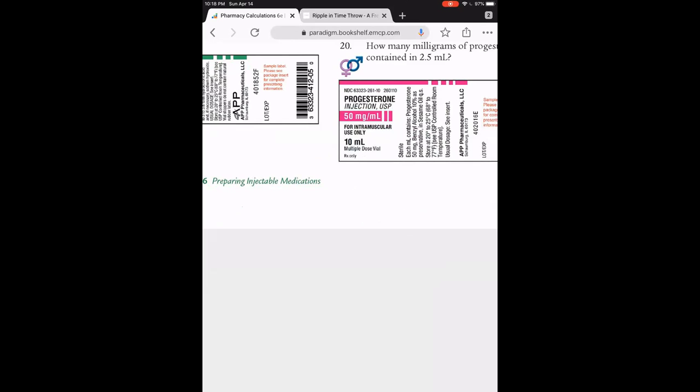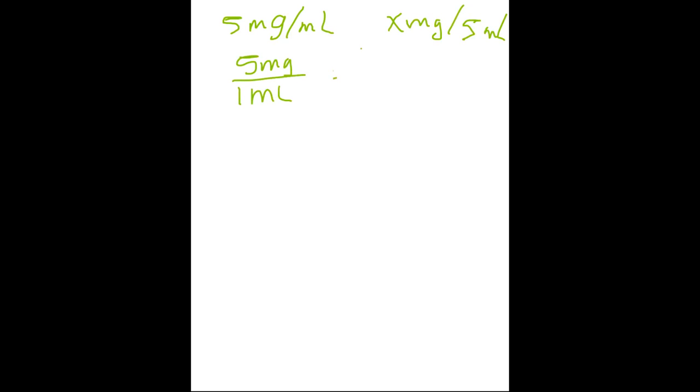Let me go to the whiteboard. We have our concentration of 5 milligrams per ml, and we want to know how many milligrams are in 5 mLs. Let's set up our ratios in proportion. 5 milligrams per ml is equal to X milligrams per 5 mLs. We're doing this because we want our numerators to be the same and our denominators to have the same units.